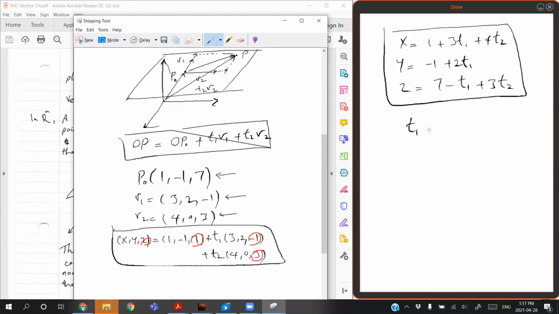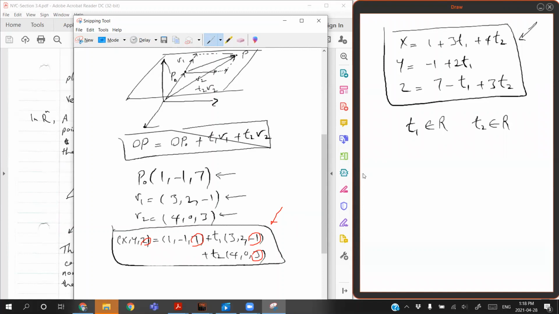That means both t1 and t2 are members of the real number line. The real numbers, they're scalars. So this one here is called a vector equation for the plane, and this one here is called a set of parametric equations for the plane.